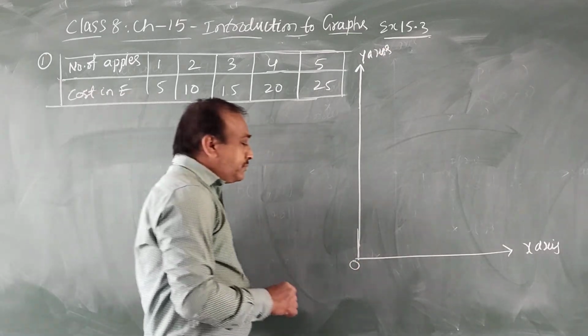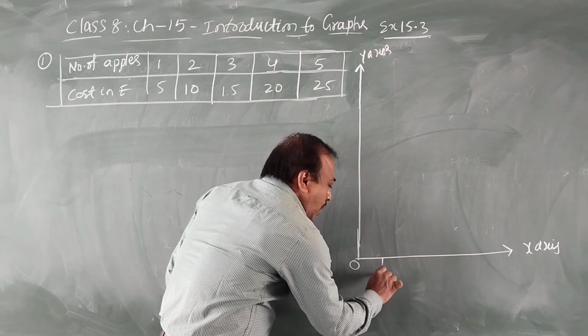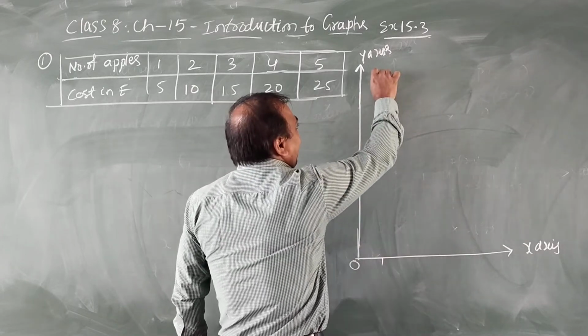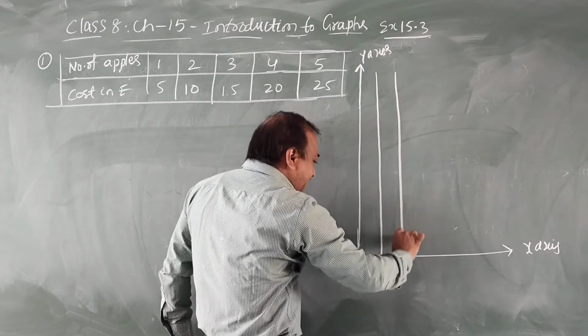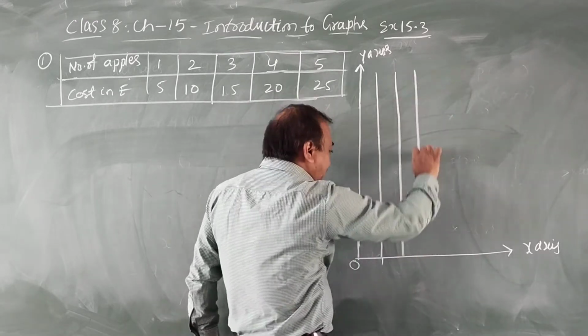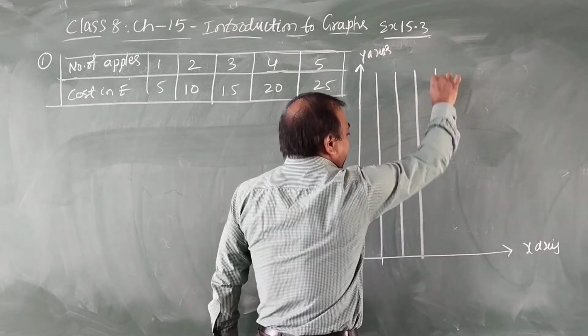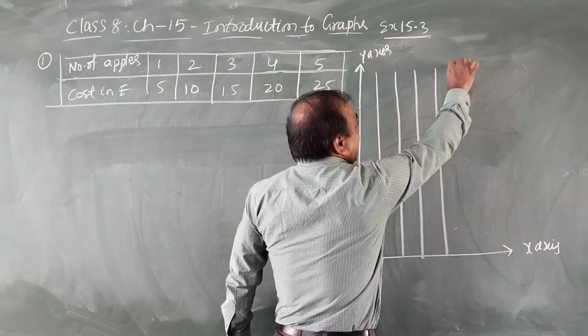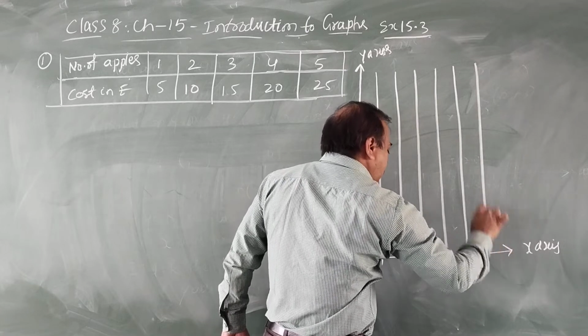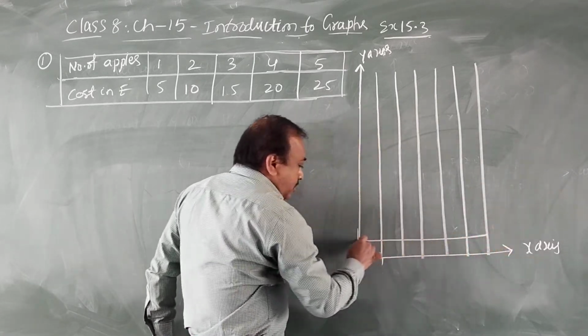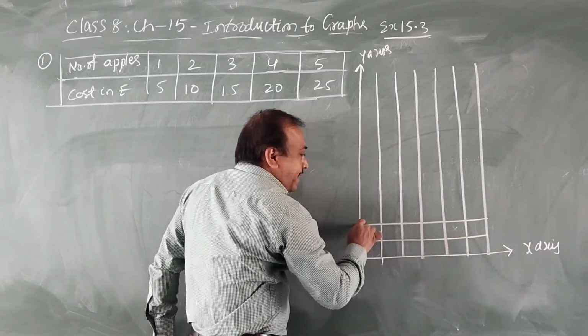You have to locate it. You will have small lines like this in the graph, and each one represents 1 centimeter. Small divisions are also there in your graph sheet.